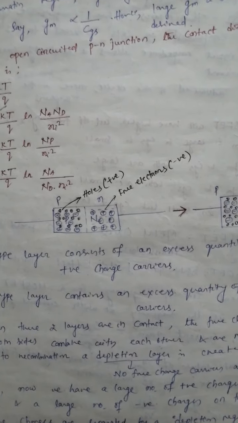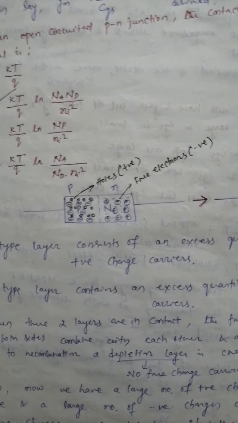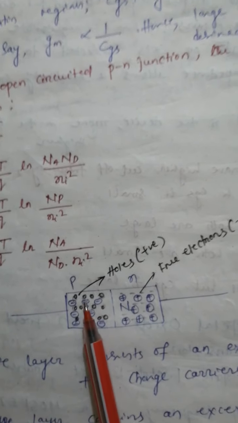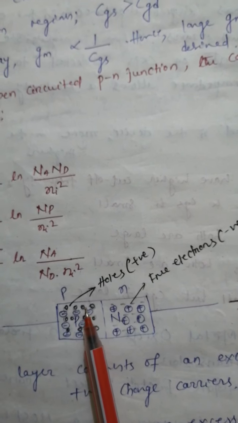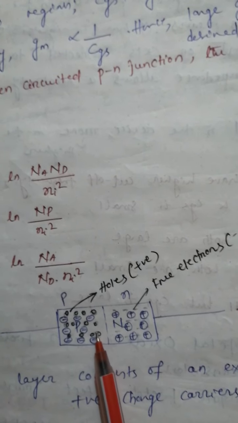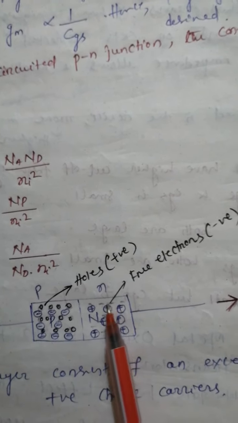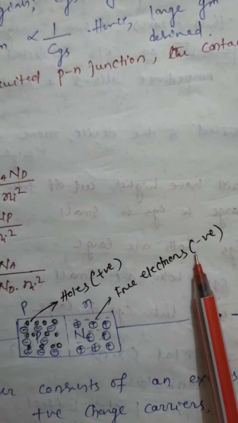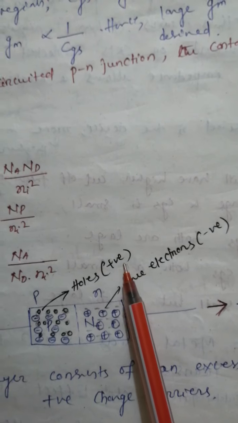First of all, I have shown here a PN junction. This is the p-type material, this is the n-type material. In p-type material holes are more prominent, that means more number of holes are present, and in n-type material more number of electrons are present. These are the free electrons, which are negative, and these are holes, which tend to be positive.